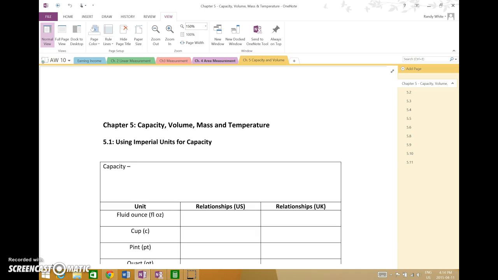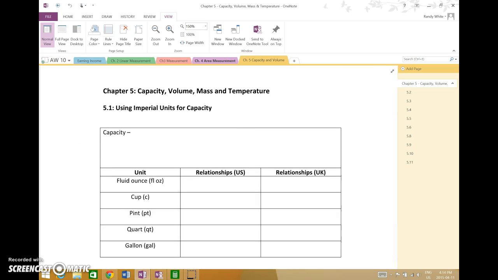Chapter 5, as you can see, is dealing with capacity, volume, mass, and temperature. So capacity is basically how much something can hold.